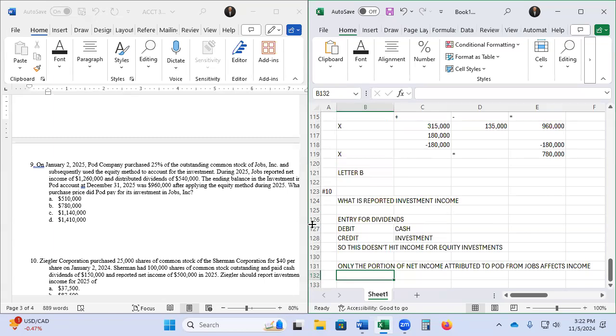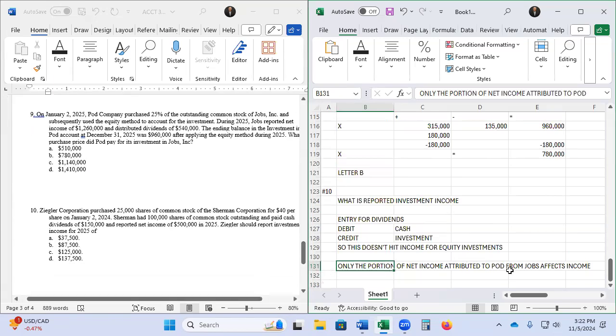What's that? Oh, darn it, I did it again. It's not pod. Only the portion.